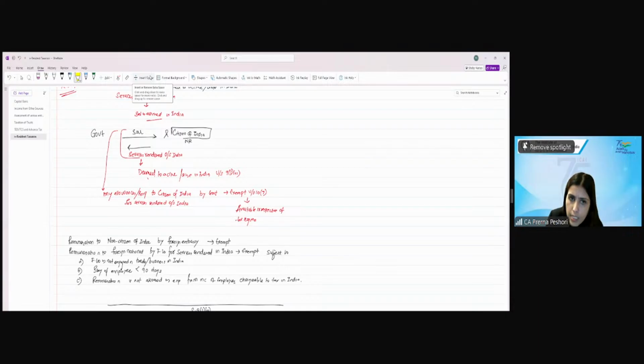However, any allowances or perquisites which are given by the government will be exempt, irrespective of whether I go for 115BAC or the normal regime. Are we clear? Yes, ma'am.